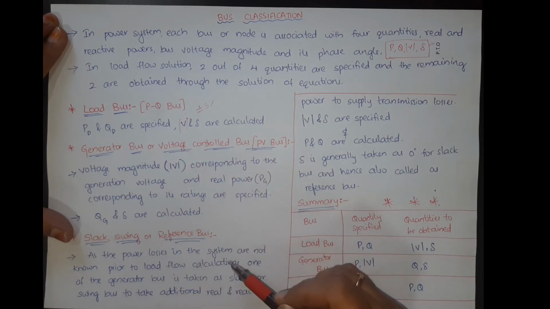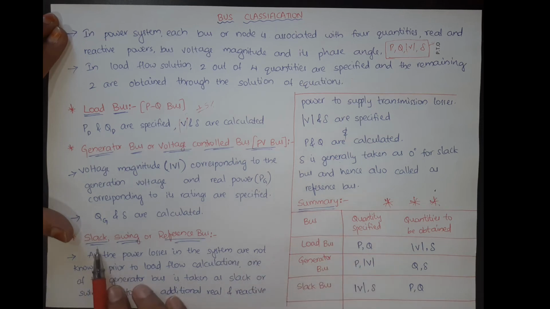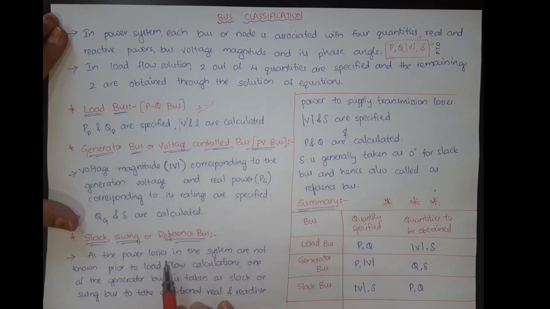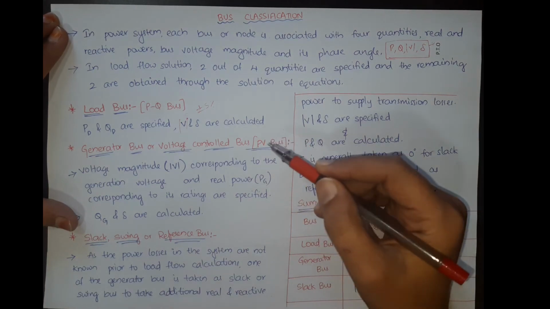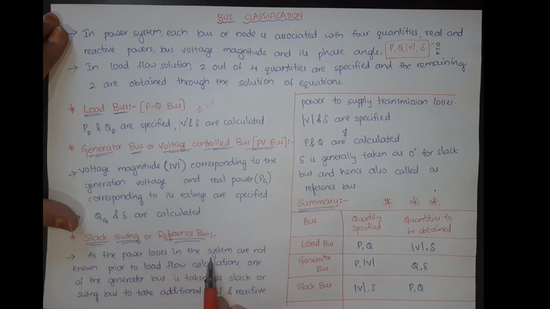So the third bus is slack or swing or reference bus. So what is this slack or swing or reference bus? Generally the power system will be having only these two buses practically, but as the power losses in the system are not known prior to the load flow calculations, we cannot estimate what is the loss happening in that. The power loss in the system will be calculated only after all the calculations are done, right?